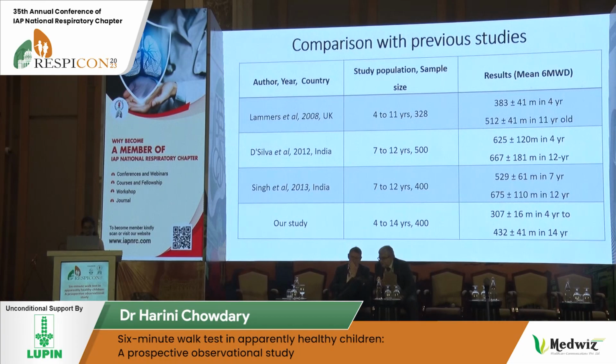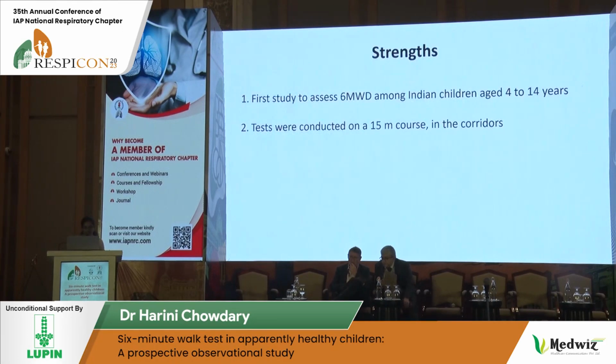Our study included the 4 to 14 years age group. The 4-year age group were able to cover 307 meters, and the 14-year-old age group was able to cover 432 meters in 6 minutes, and our study was conducted on a 15-meter course.